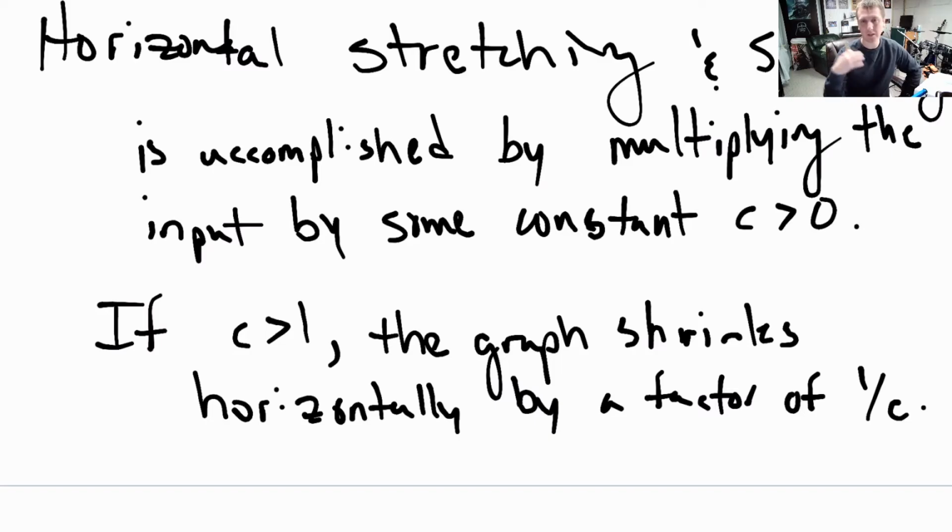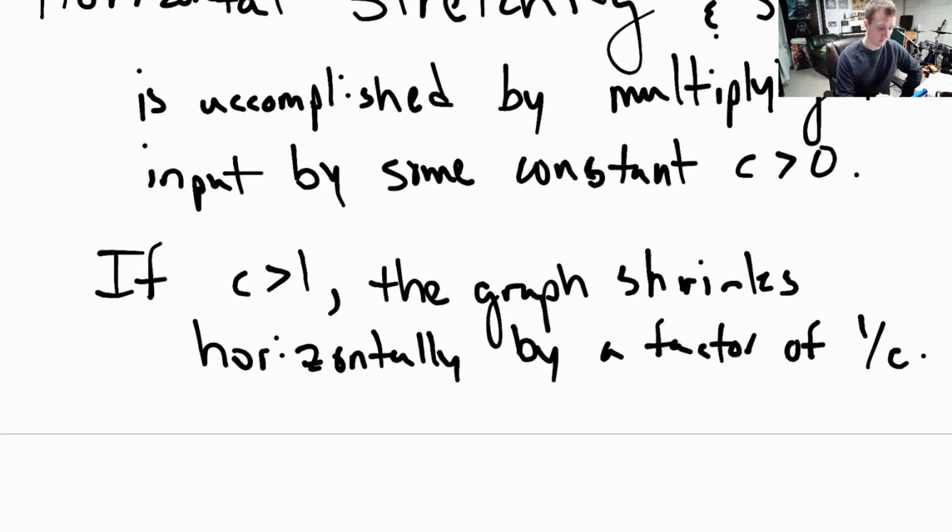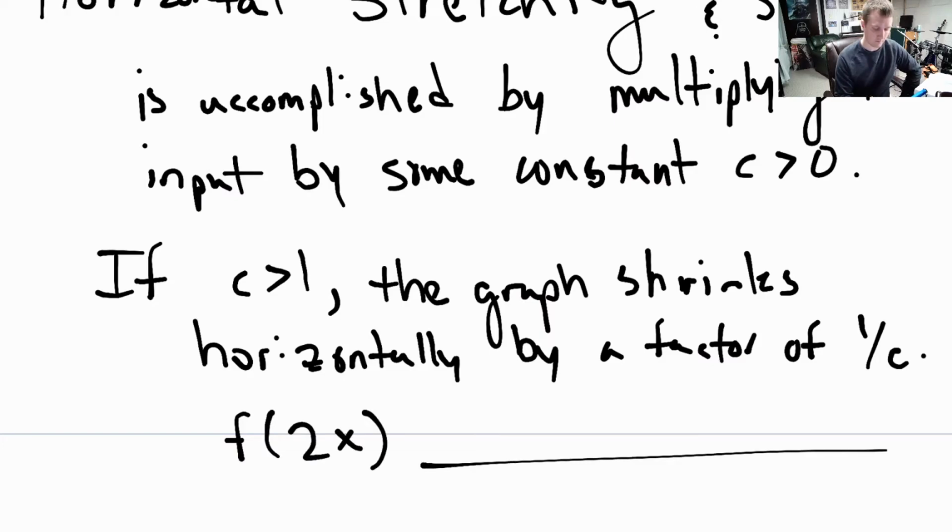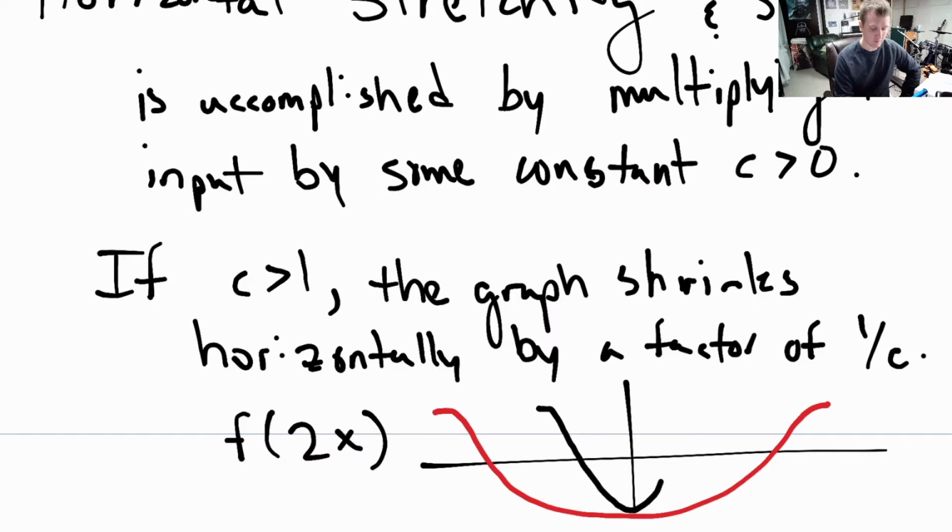So if I pick a number like 2, and I have a graph of f of x, but I multiply the inputs by 2, that takes our original graph, which I'll graph like this, and it compresses it 2 times. So it's half as wide as it was before.